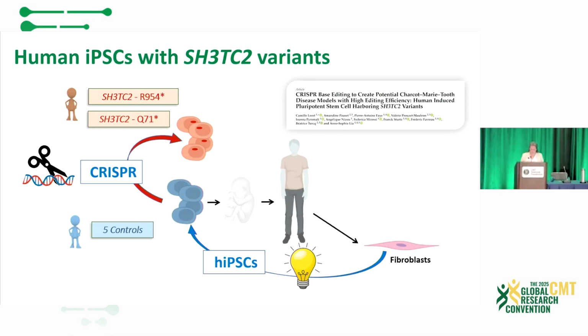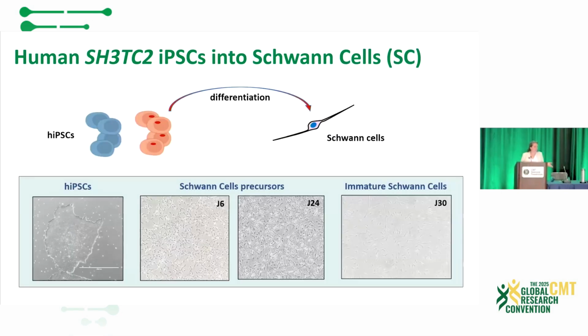So we have iPS cells, and then we have to differentiate them into Schwann cells, for the control but also the mutated cells. After 30 days, we were able to have immature Schwann cells.